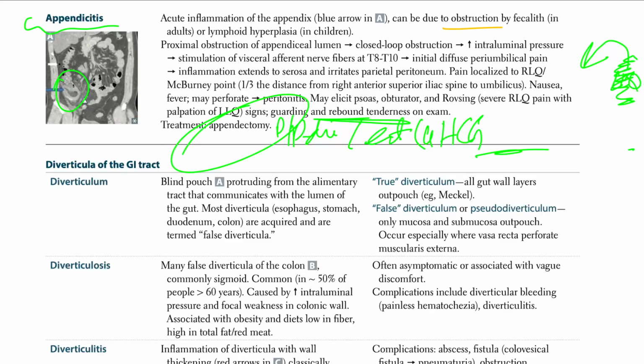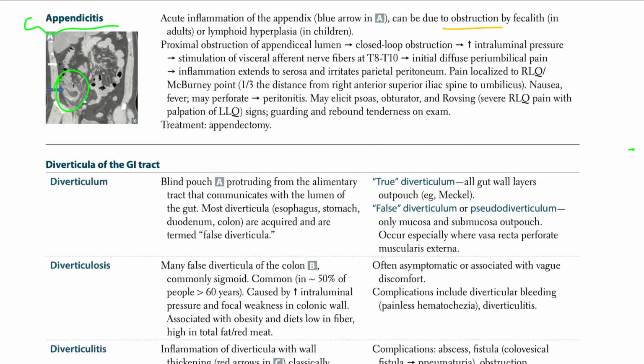Now, one other clinical tie-in could be a patient who has a retrocecal appendix.